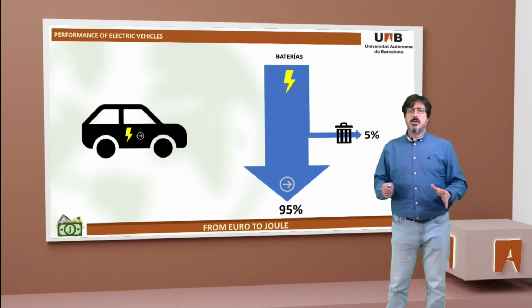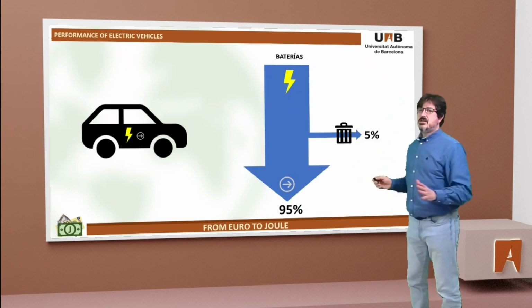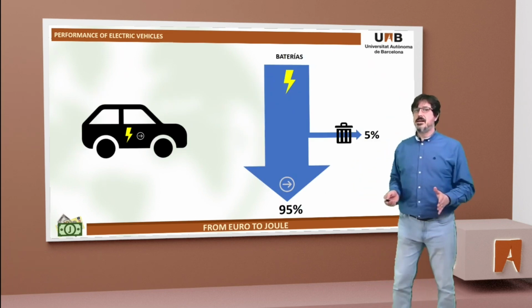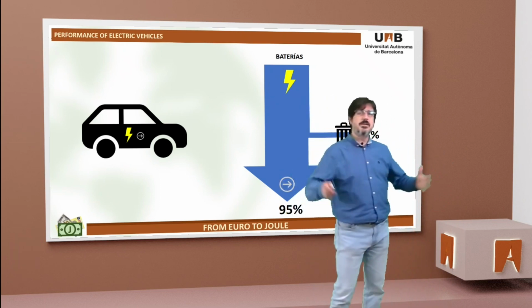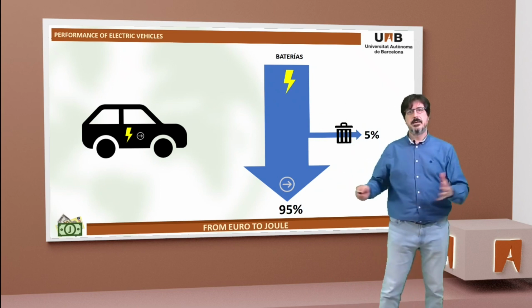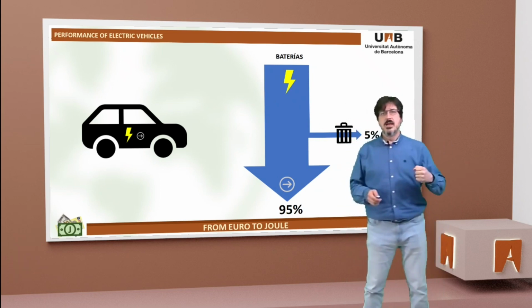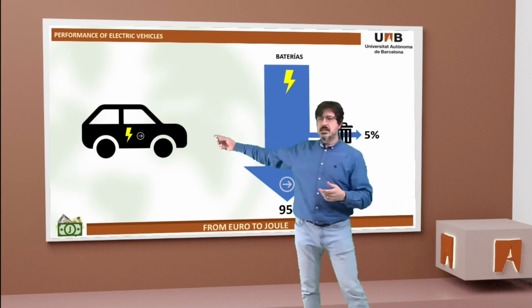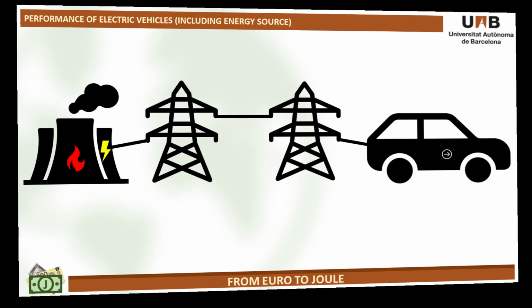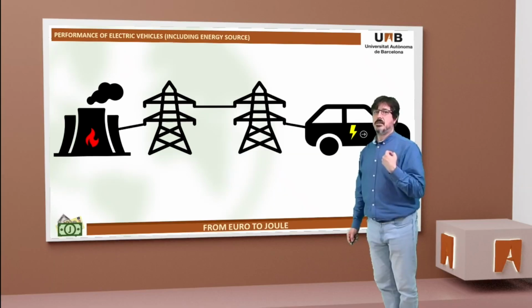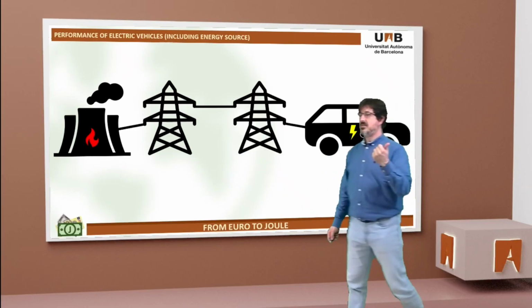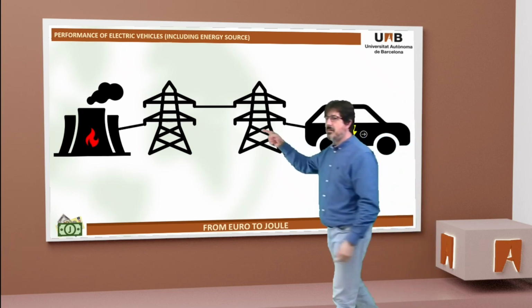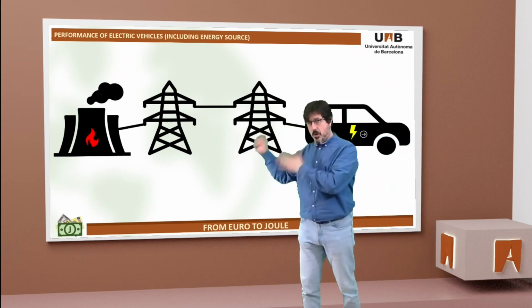But there is a problem. From this point of view, it seems that the electrical vehicle is unbeatable. But we are not considering all the energy circuit, because when I have taken this vehicle, I have charged it from the network. So in fact, the energy is not coming from my vehicle and from my energy source, but it's coming from a power plant.